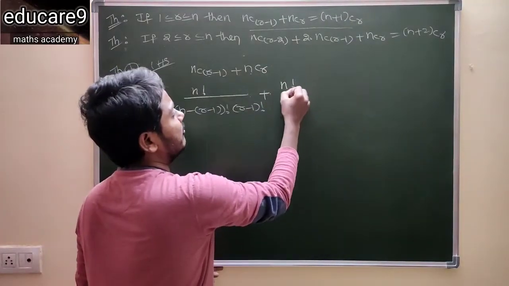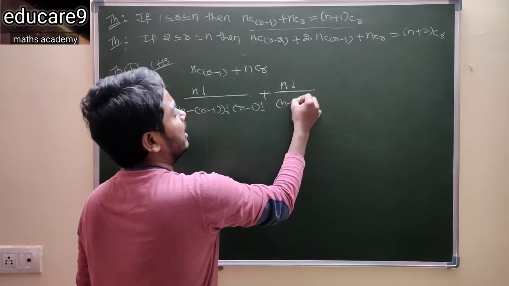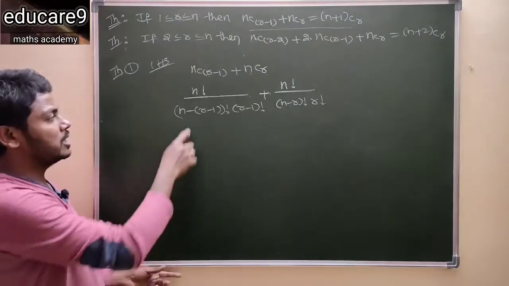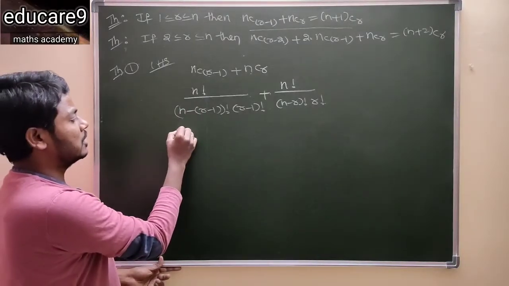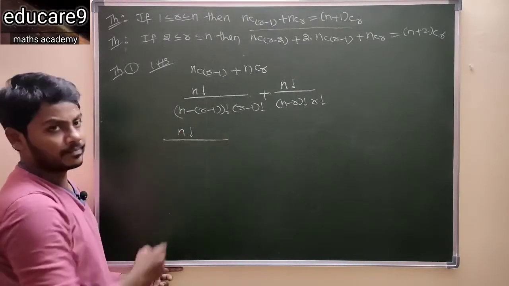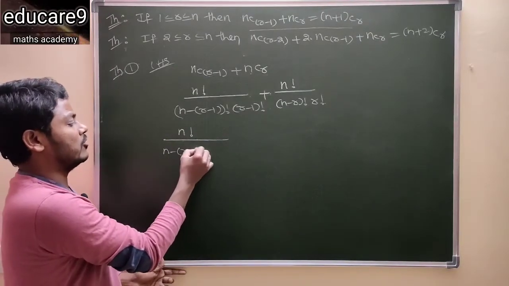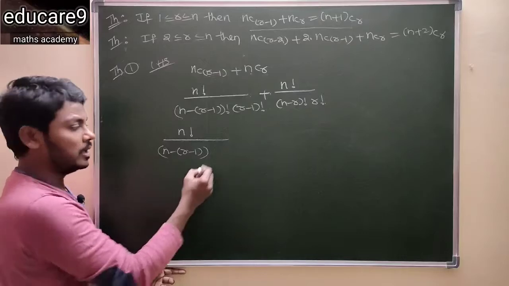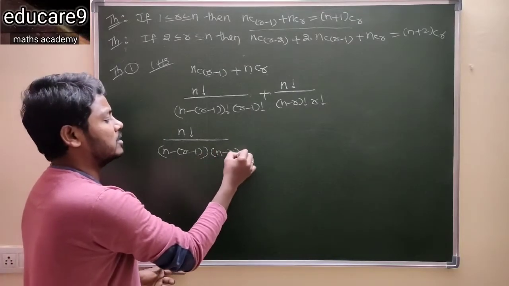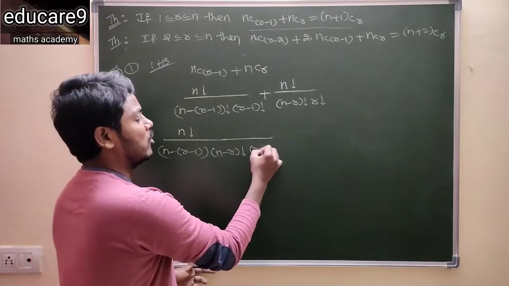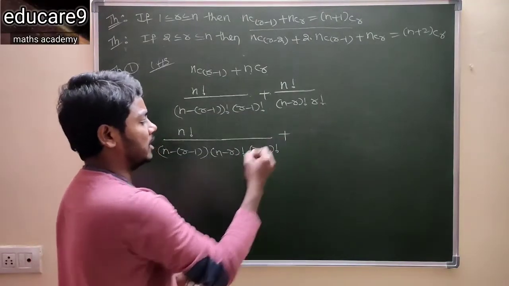This can be written as n factorial by (n minus r) factorial into r factorial.